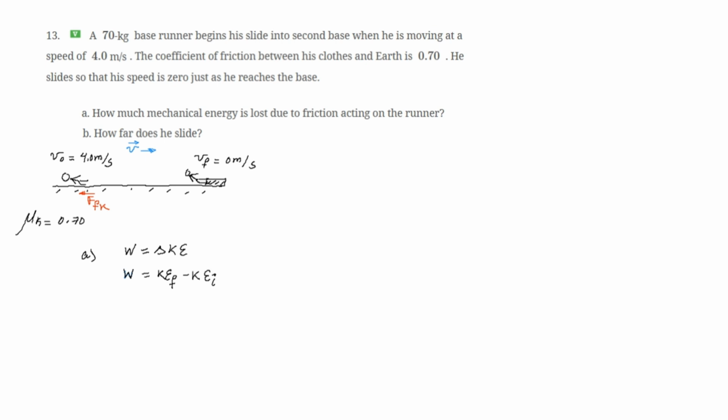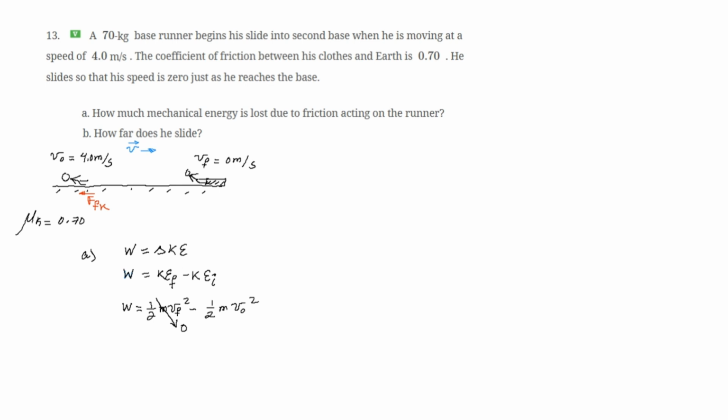The kinetic energy final is 1/2 mass v final squared minus 1/2 mass v initial squared. We know that the final speed when you reach the base is 0, so the kinetic energy final is 0.